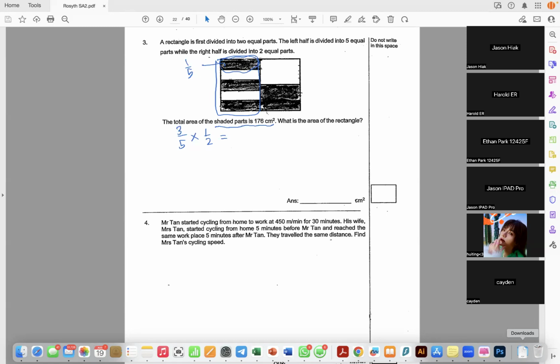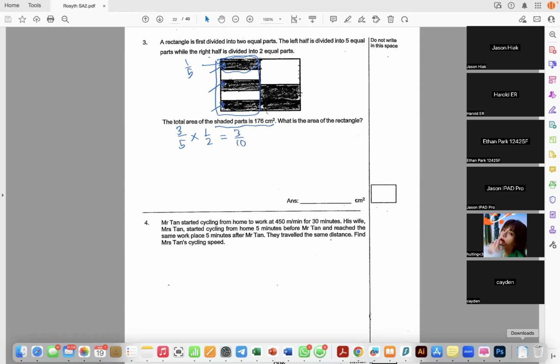This is 3/5 because there are 3 shaded parts on the left. 1, 2, 3. 3/5 of the left side is shaded. So it's 3/5 multiplied by half of the entire rectangle. You will get 3/10. Now we look at the right side.